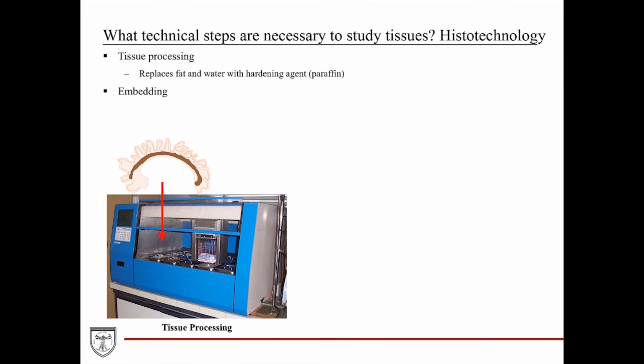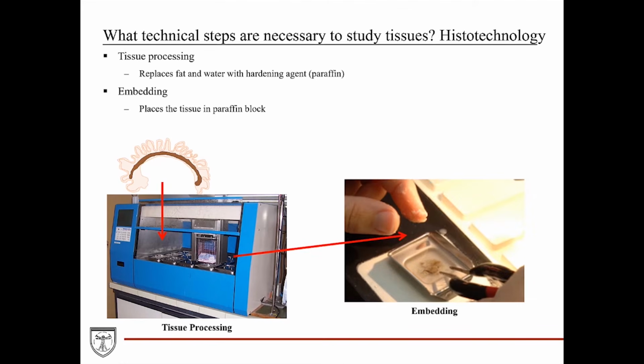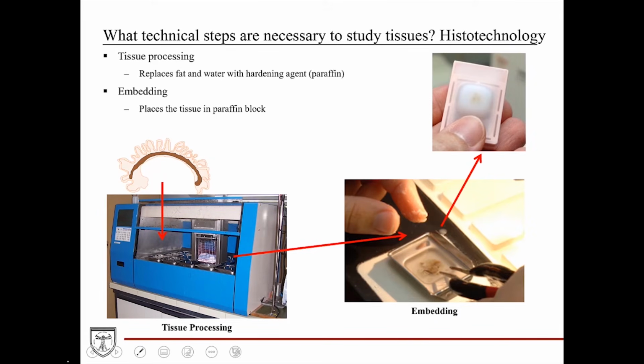The next step is embedding. We take the hardened tissue now and place it in a mold such as this, and we flood this mold with liquid paraffin, which then hardens along with the tissue so that we end up with a hardened paraffin block, which looks like this.